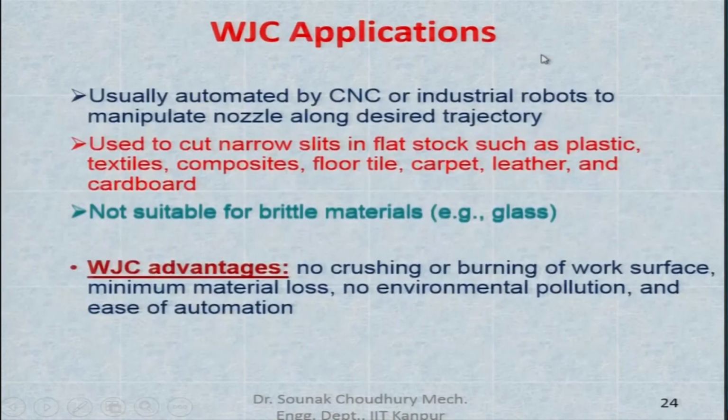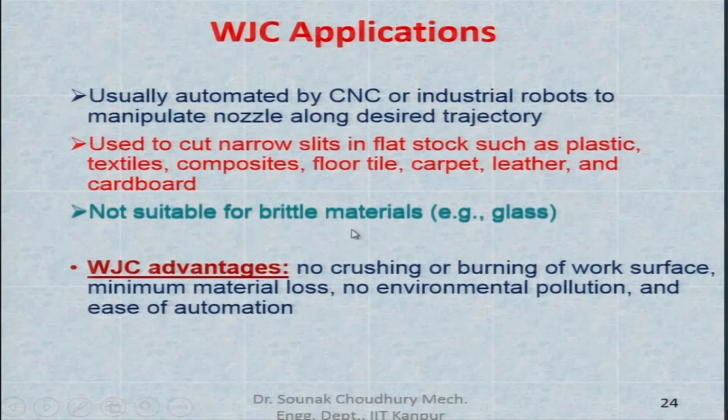Water jet cutting applications are usually automated by computer numerical control or industrial robots to manipulate the nozzle along the desired trajectory. Now, these are used to cut narrow slits in flat stock such as plastic, textiles, composites, floor tile, carpet, leather and cardboard, as already said.